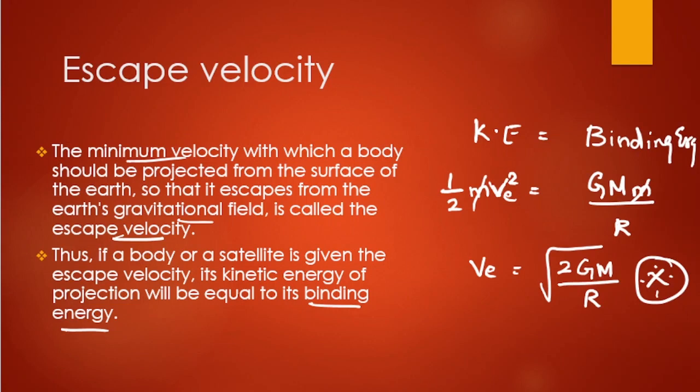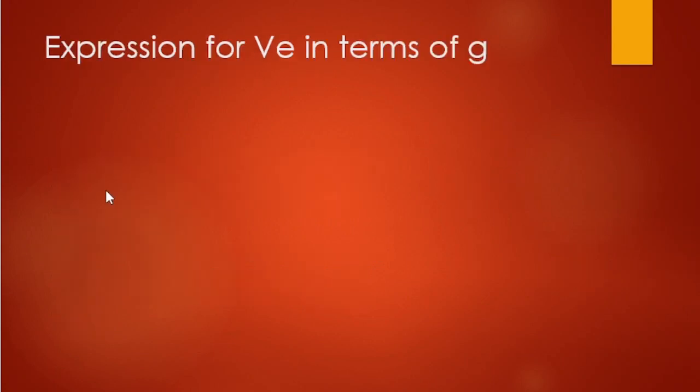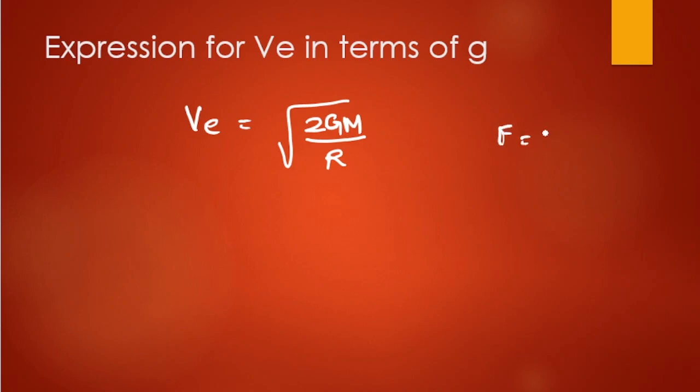Now, we are going to express this escape velocity in terms of acceleration due to gravity. How can you express this in terms of acceleration due to gravity? What is the formula we have derived in the previous slide? Our VE, that is our escape velocity, is equal to the square root of 2GM by R. Now, what we know is our force is equal to mg, mass into acceleration.